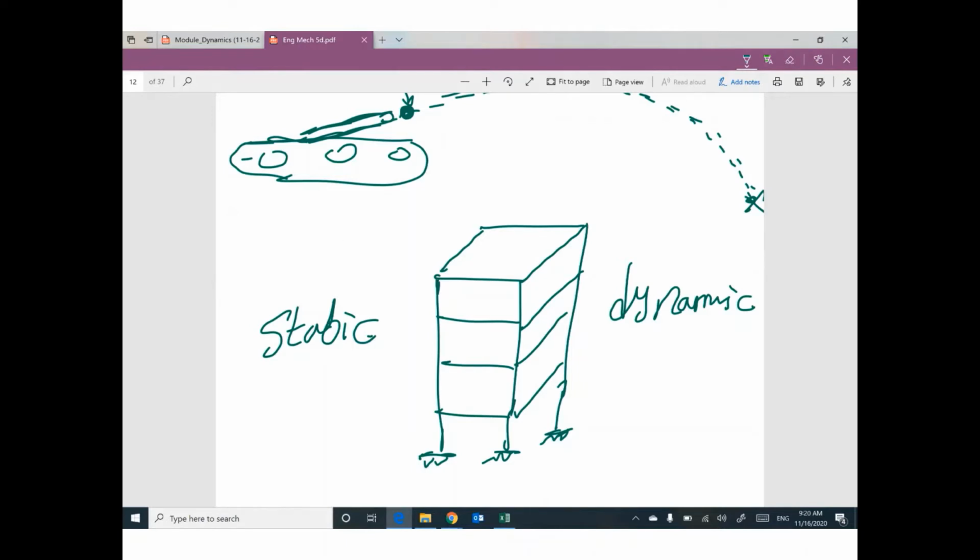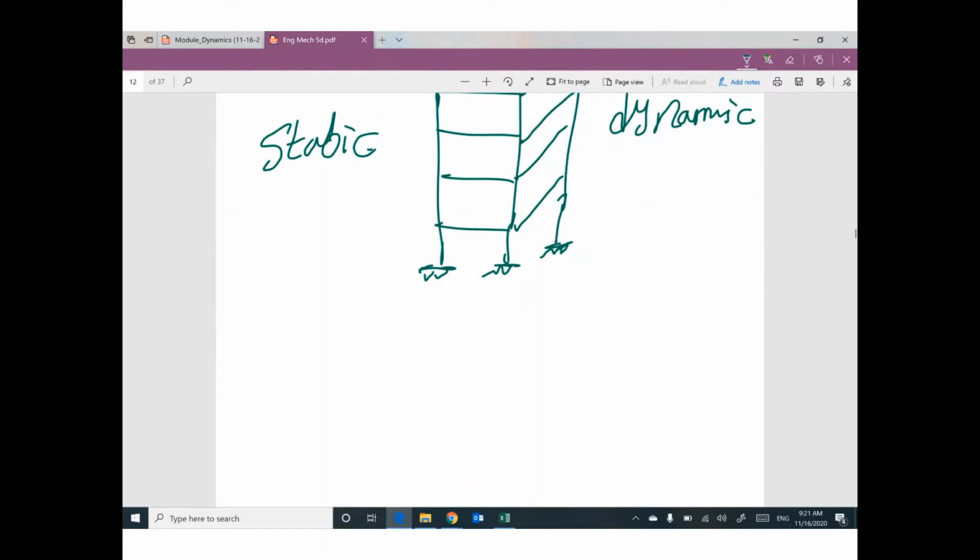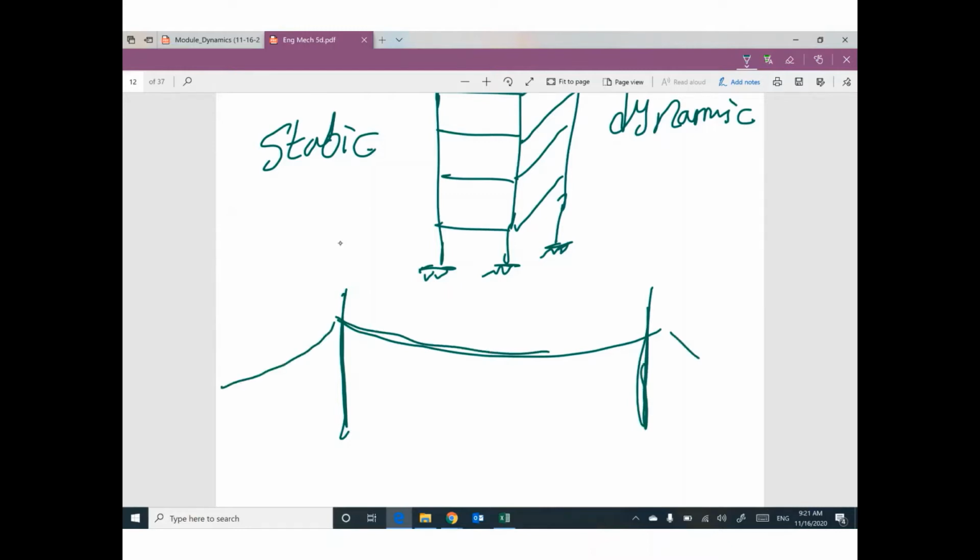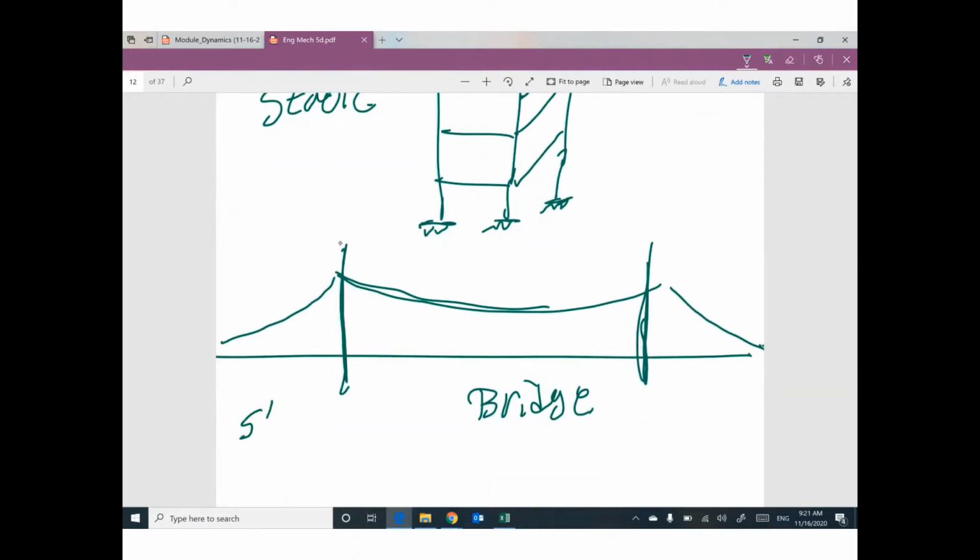Probably in the morning, if you go to campus, and return back home in the evening, do you think your building or your apartment is at the same location or in a different location? If we have a bridge like this one, will I analyze this bridge from the point of view of static or dynamic? What do you think?